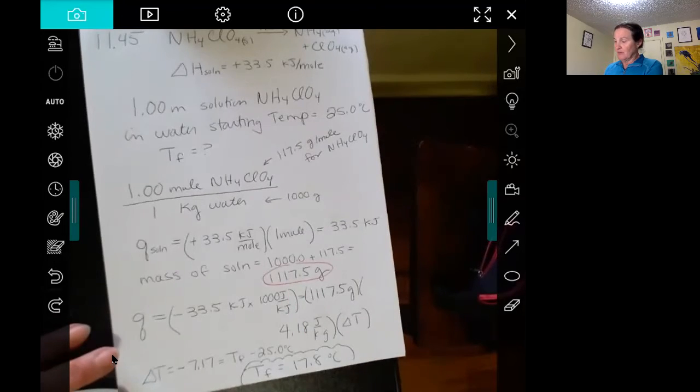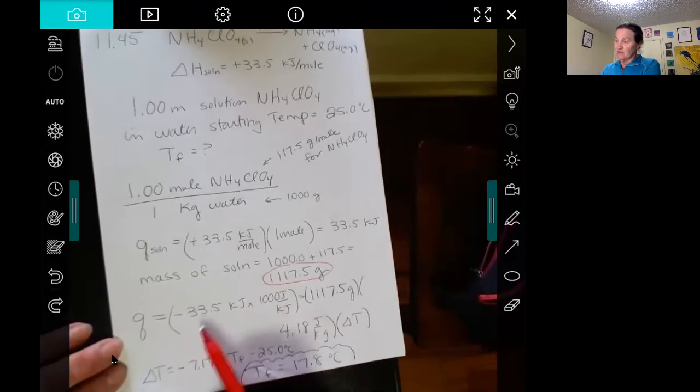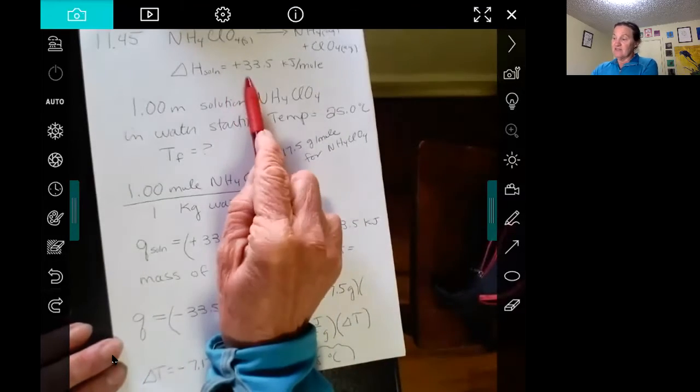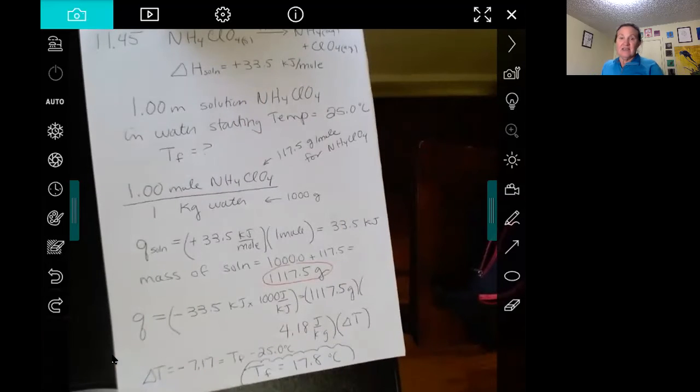So remember from calorimetry, the heat that comes out of the solution. So if this process is endothermic, that means it takes energy to make the reaction happen. And so that means that you're extracting 33.5 kilojoules from the solution.